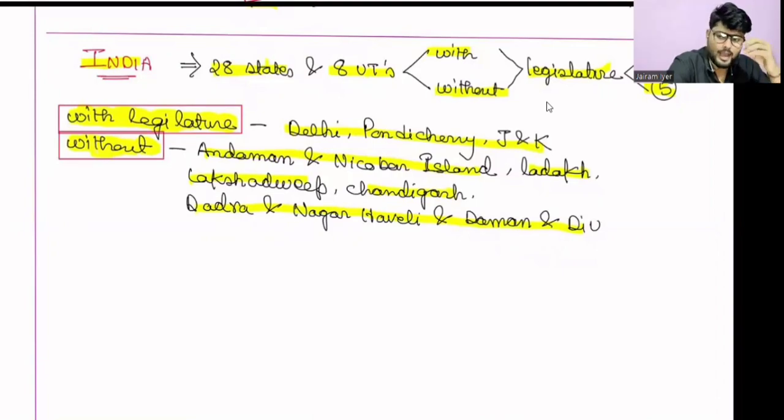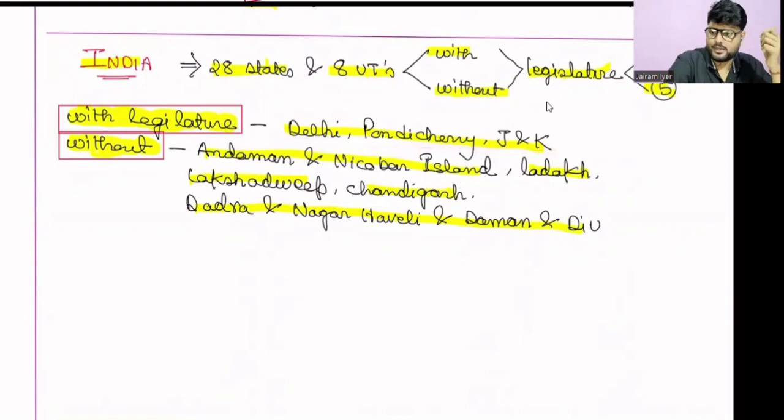Among those 8 union territories, there are 3 union territories which have their own state act. Can anyone name them? Chandigarh? No, Chandigarh is still without legislature. It is Delhi, Pondicherry, whatever you pronounce, and Jammu and Kashmir.